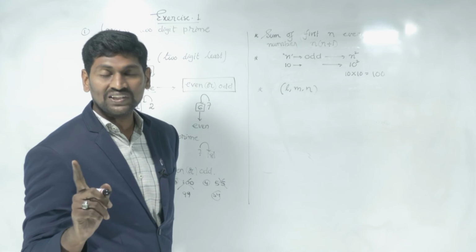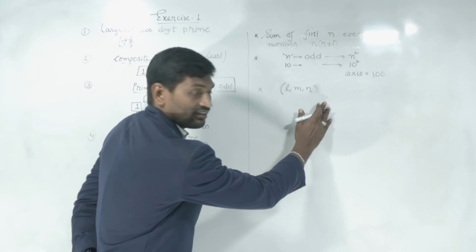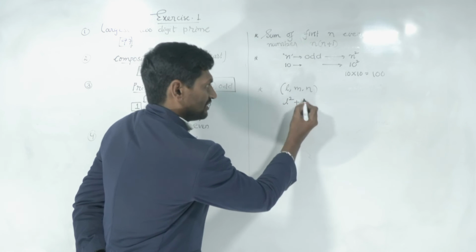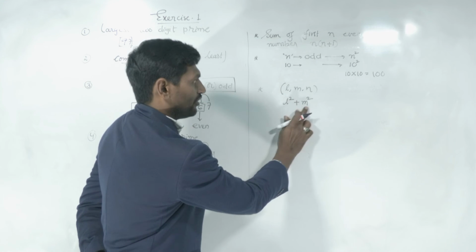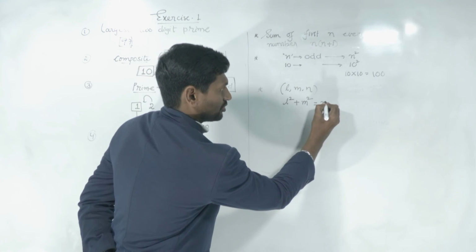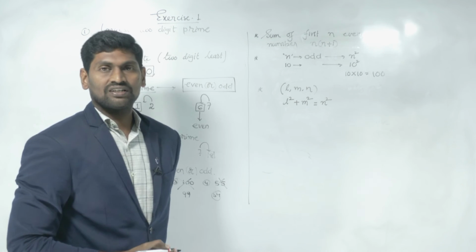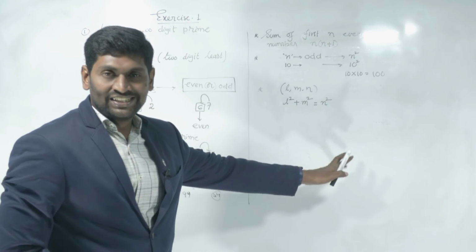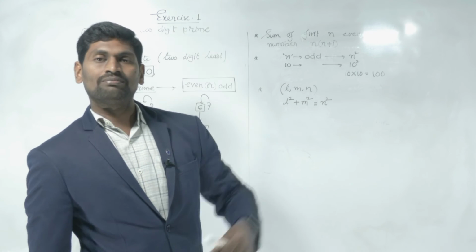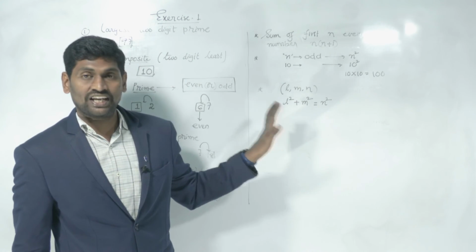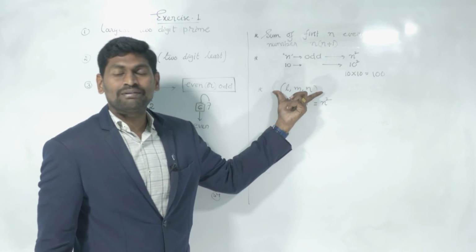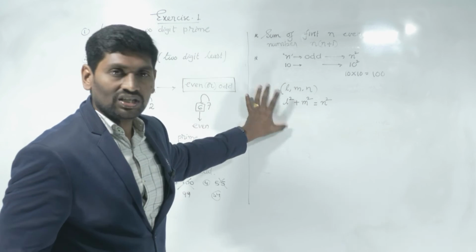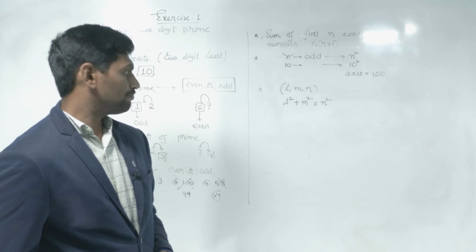The square of the first number, l square, plus the square of the second number, m square, should be equal to n square. So the sum of the squares of the first 2 numbers equals the square of the third number. Then we say the set of 3 numbers are Pythagorean triplets.